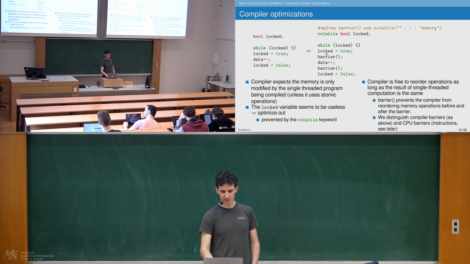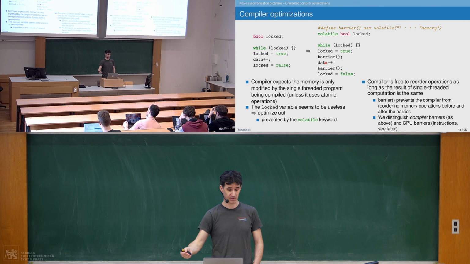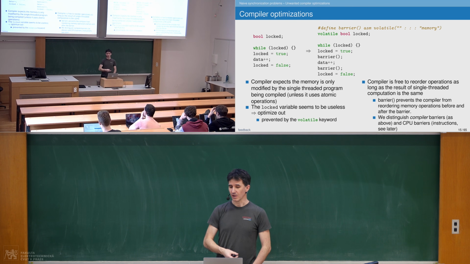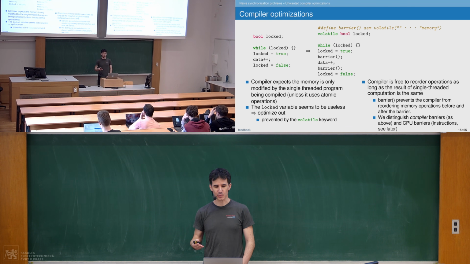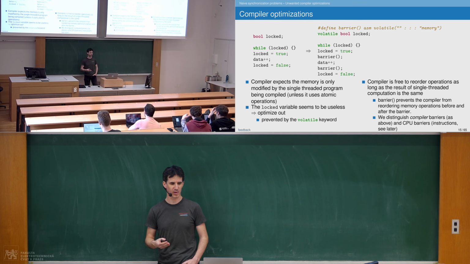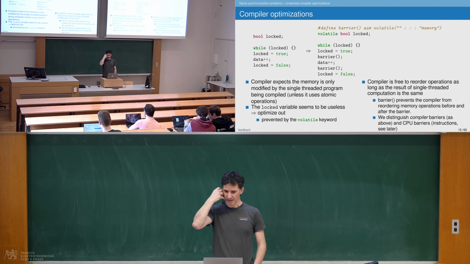Whatever is before the barrier stays before the barrier, and whatever is below the barrier, which in this case is just this operation, stays after that barrier. So this way you can prevent the compiler from incorrectly optimizing your memory accesses, and it will behave correctly.